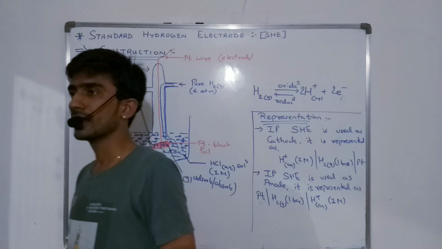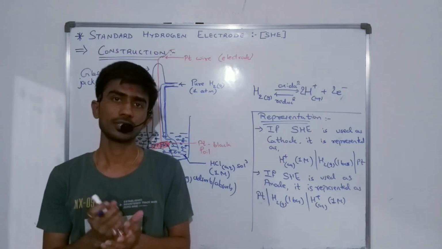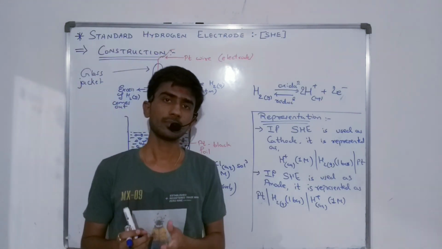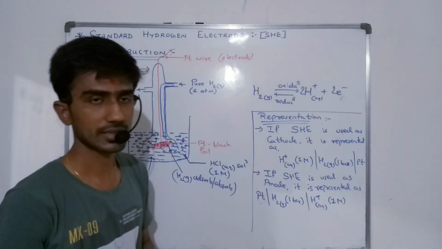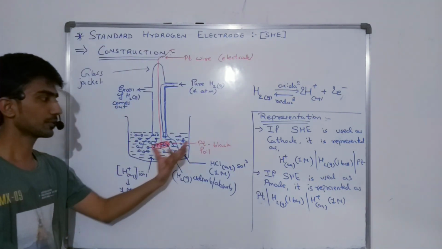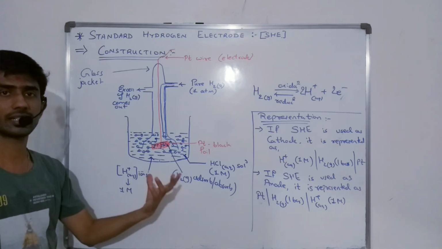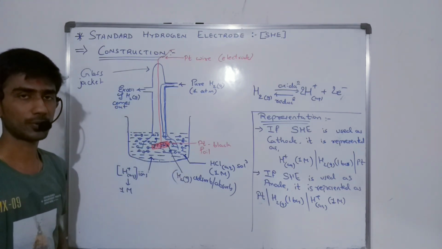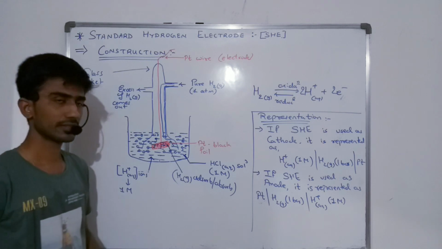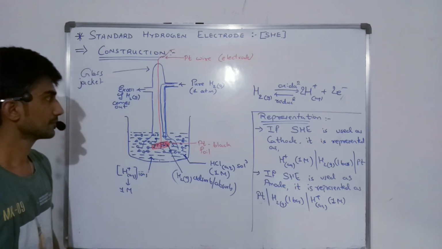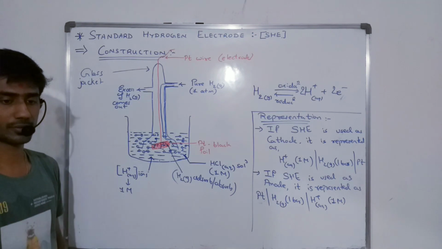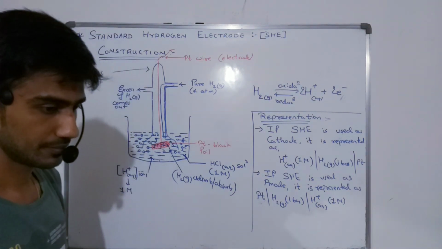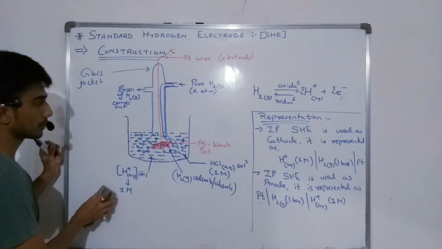Now, related to this standard hydrogen electrode, in your exams many numericals can also come. Let us see few numericals related to it. Please, you can note it down or you can take a screenshot by pausing the video. Let us solve few numericals.